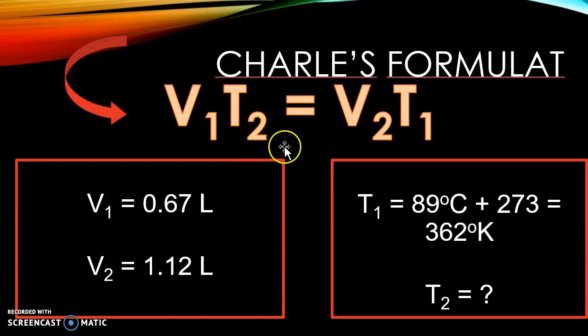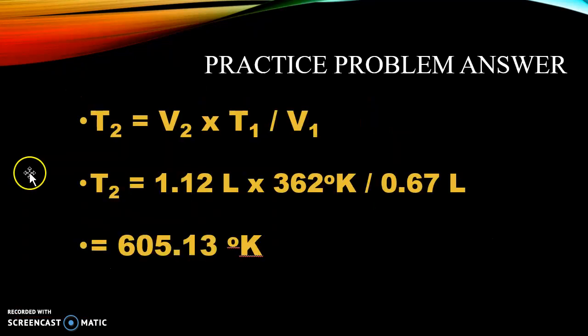If we do a little algebra, the formula we're going to use is T2 is equal to V2 times T1 divided by V1. So all we got to do is plug and chug. Very simple. So 1.12 liters times 362 Kelvin divided by 0.67 liters. That leaves us with 605.13 Kelvin.